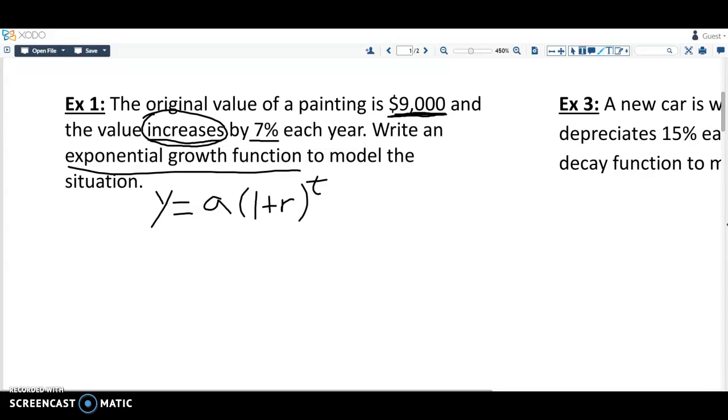Well, a is my starting value, and I know that the painting started at $9,000. And r is the percentage that they give me, which was 7%, except I cannot use it as a percentage. I'm going to have to change it to a decimal. Now, there's two ways to do that.